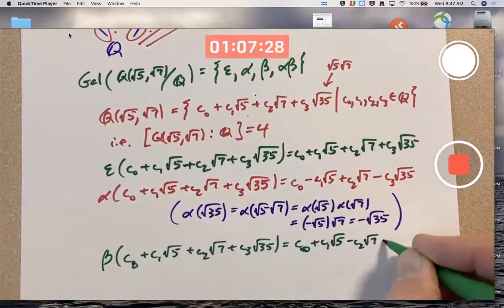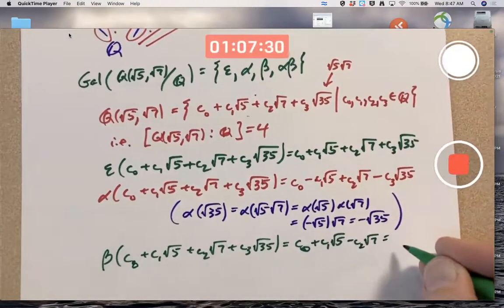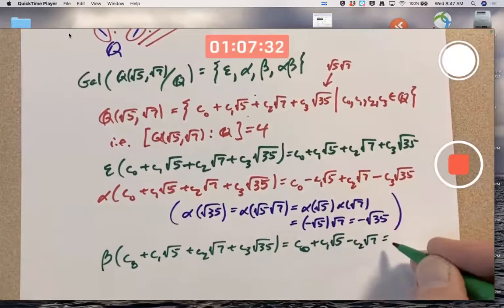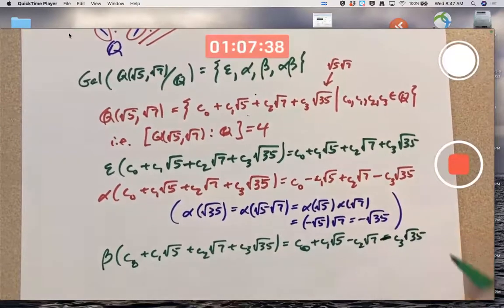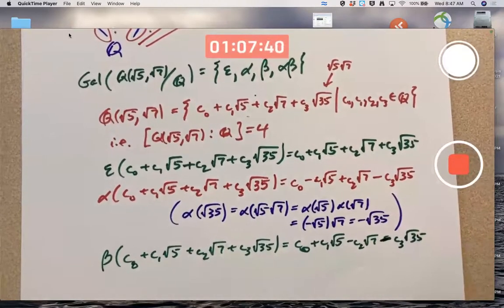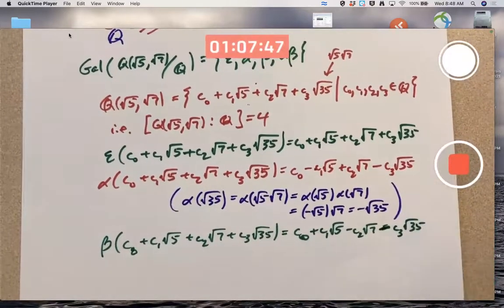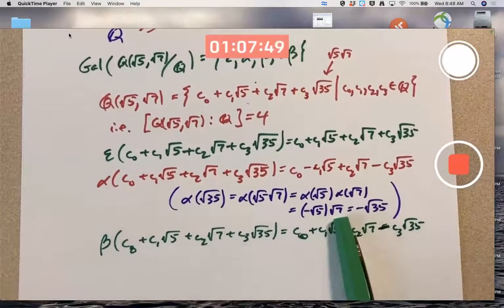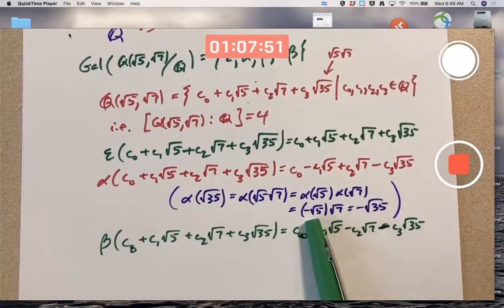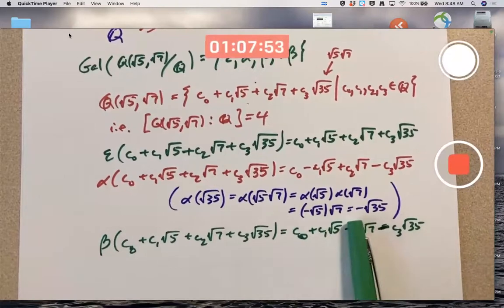Then once again, for the same reason as the previous line, root 35 has got to get mapped to negative root 35. For the same reason as this one here, except the minus sign would be in front of the root 7 instead of in front of the root 5. But you'd still get a minus sign there.